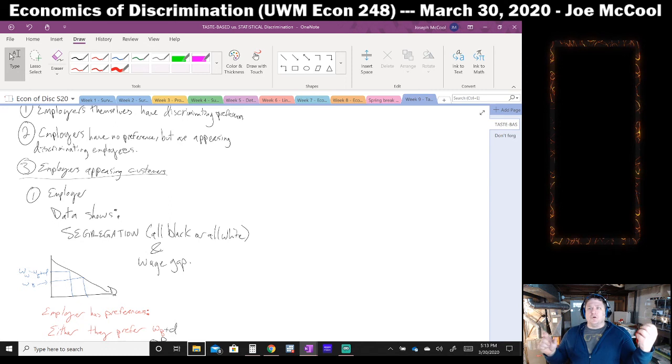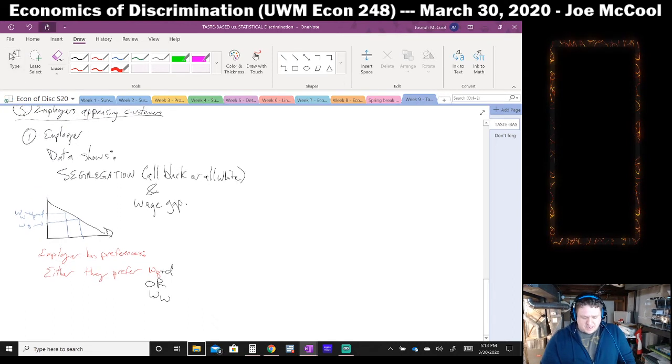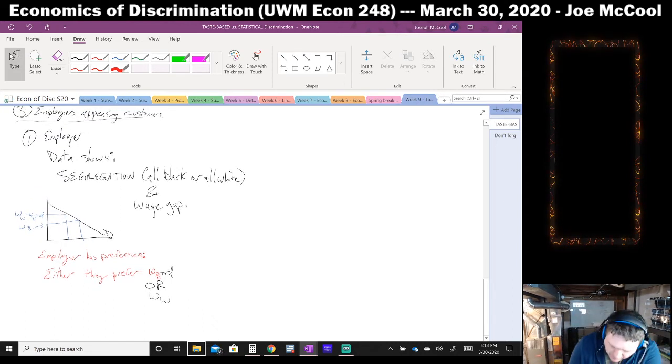And that either or choice is going to either mean that they hire all black workers or all white workers. Either they want all the black workers that they can hire because they're less expensive, or they're willing to pay more for white workers. You're not going to see a mixed group here.